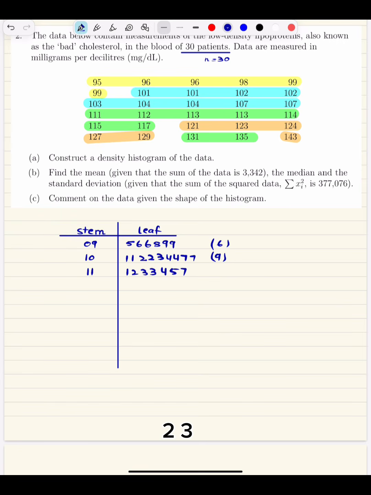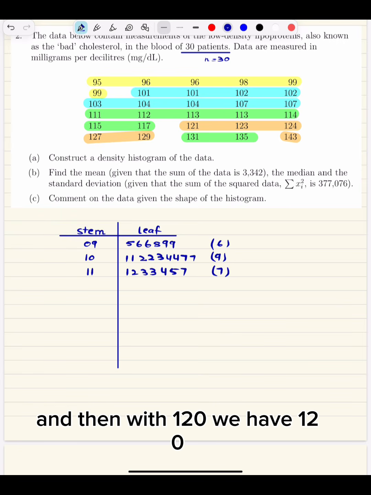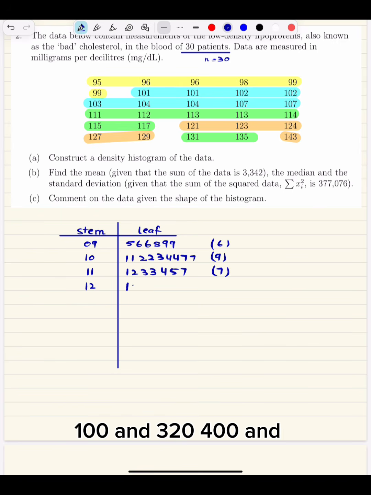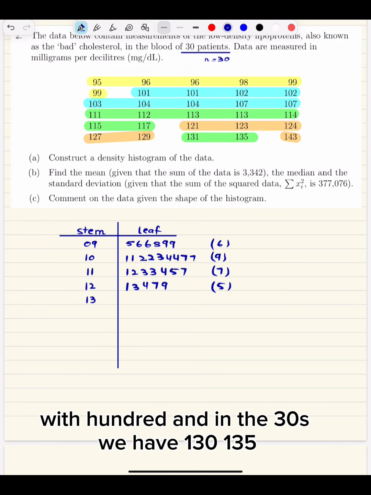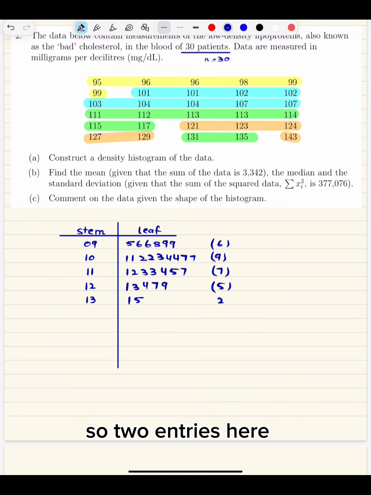So 1, 2, 3, 4, 5, 6, 7, 7 entries here. Then with 120 we have 121, 123, 124, 127, 129. So we have 5 entries here. And with the 30s we have 131, 135, so 2 entries here.